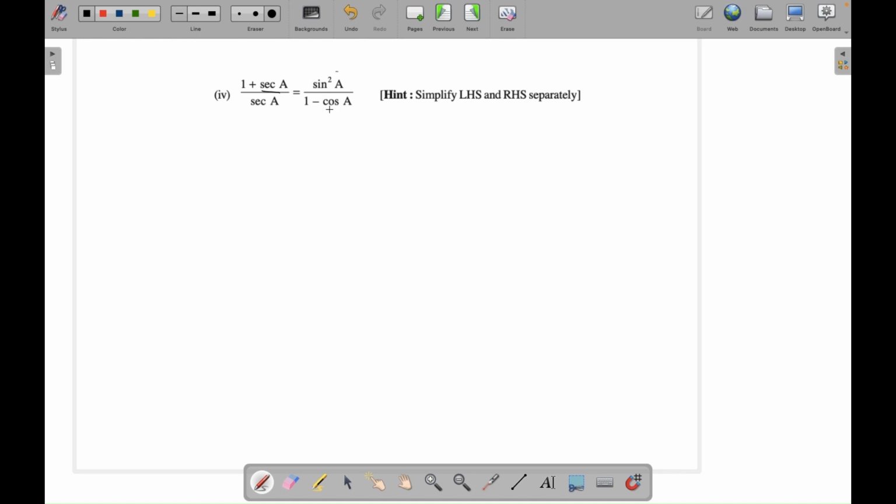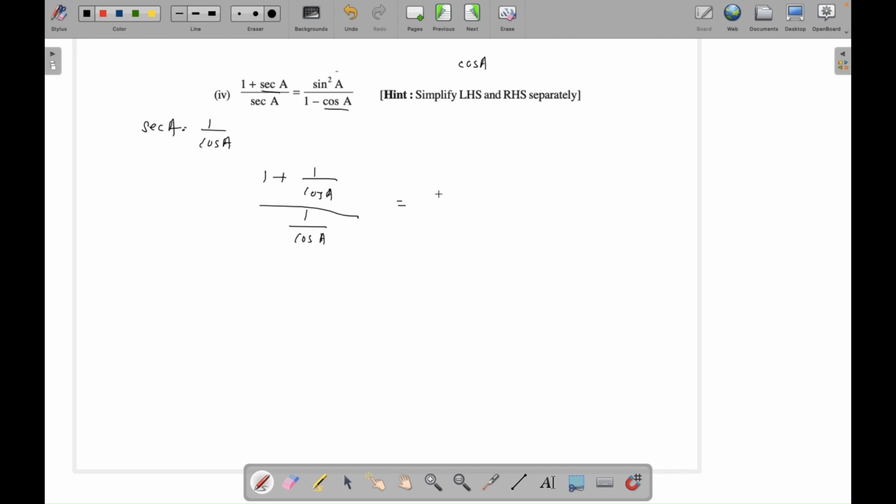Right, since you need cos a and sine a, you won't be able to get that using sec a. So you have to convert this to cos, because we know that sec a is equal to 1 upon cos a, right? So if we solve this left hand side, we'll get 1 plus 1 upon cos a, divided by 1 upon cos a.